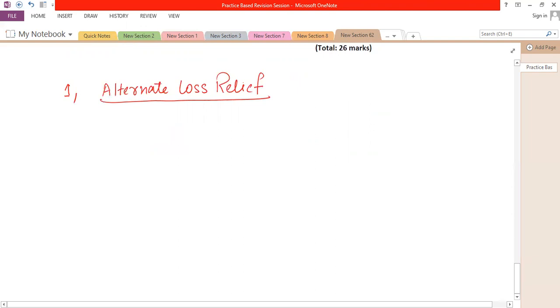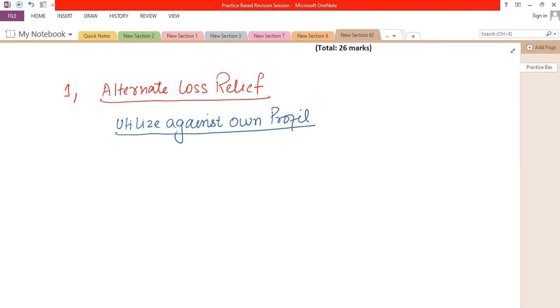First of all, first option. And first option is utilize against own profit. Now you have to explain how you can utilize in the given scenario. Okay.